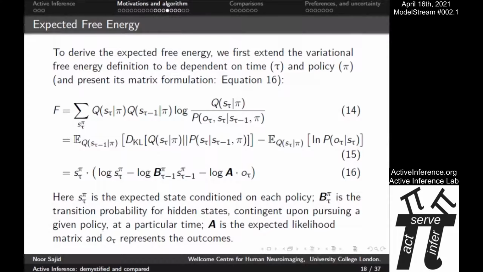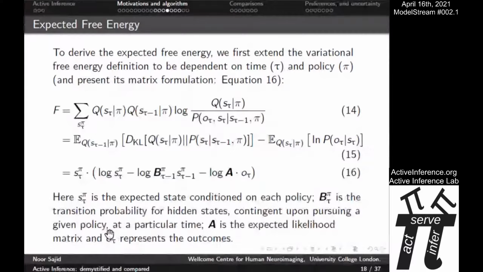What we're doing essentially is taking that same equation and decomposing it for previous and current time step under a particular policy. So this is why we have the conditioning, and then we're decomposing it in a specific way in equation 15, and then writing out the matrix formulation in equation 16. We can come back to this if there are any questions.